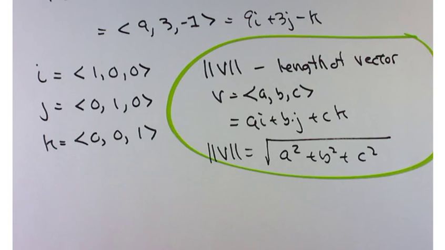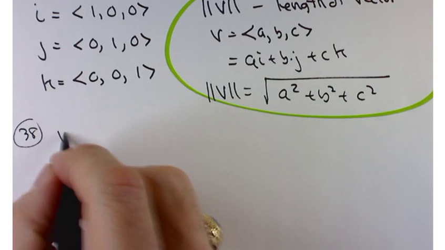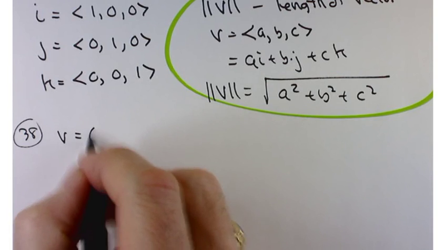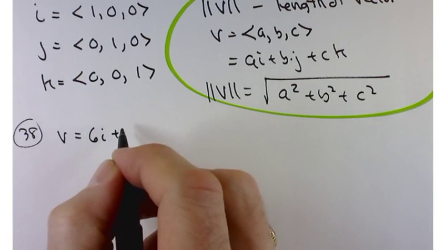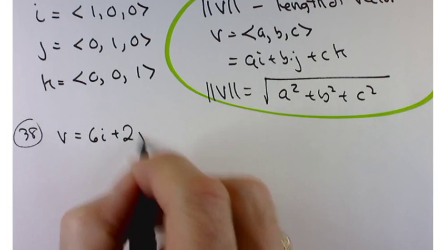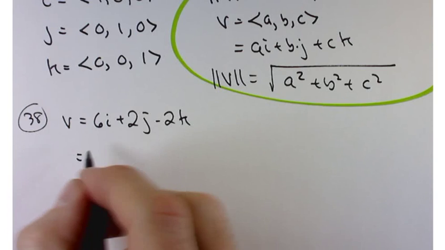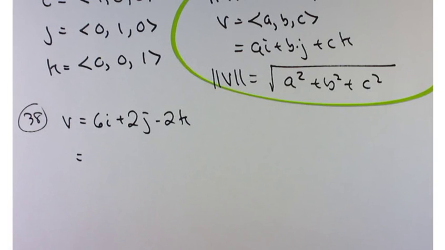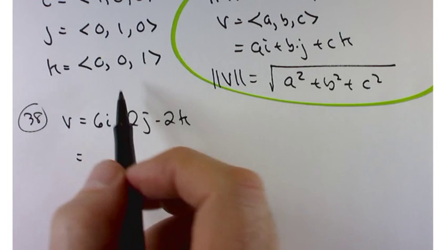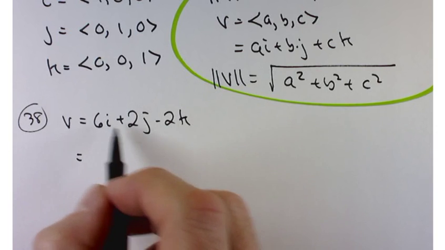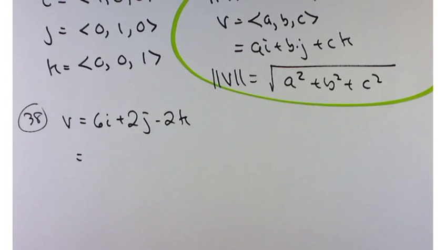An application of that would be problem number 38. V is 6i plus 2j minus 2k. Now, I use this angled bracket notation just because I can't really write in bold like the book can.